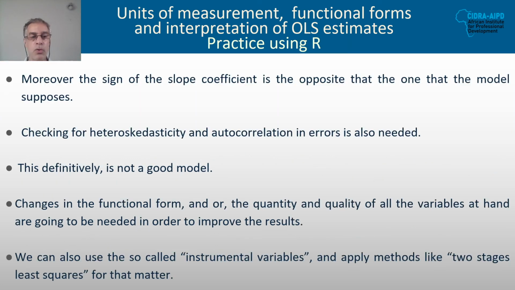What we can do is change the model, change the shape of the model. You can add other variables. You can try to use logs, for example, in order to see if you can improve the fit of the model.